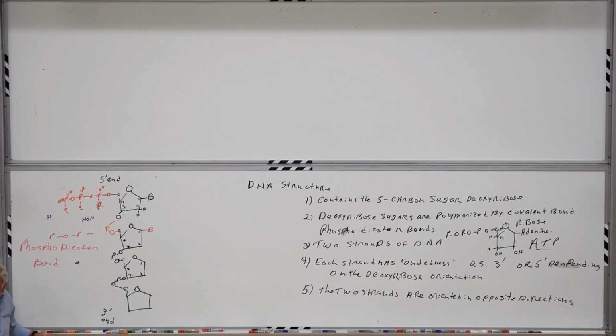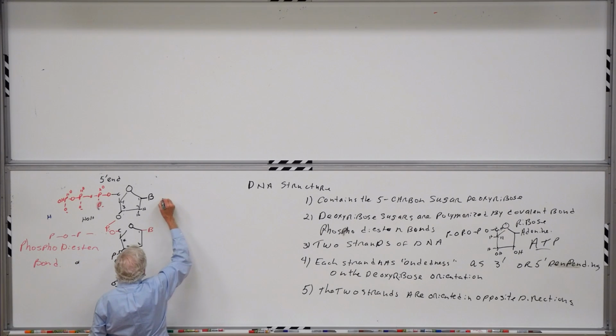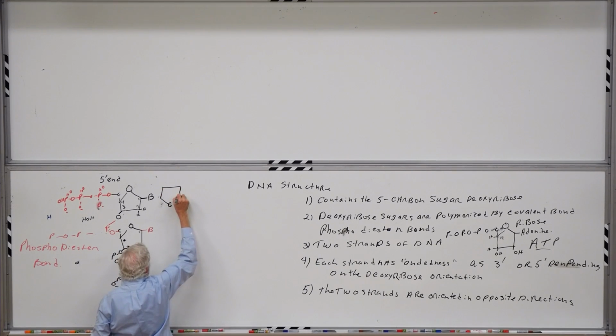But you remember from the introduction, we said that one of the hallmarks of DNA is that the 2 strands are oriented in opposite directions. So now what I'll try to do is draw the other strand, and I always struggle with this because it's upside down, but bear with me. So there's the oxygen, number 1 carbon, number 2 carbon, number 3 carbon, number 4 carbon, and number 5 carbon.